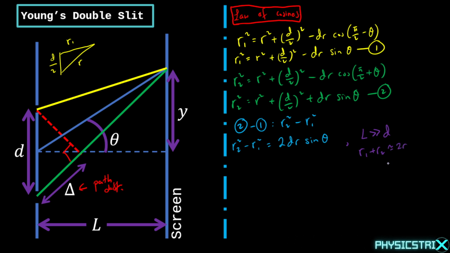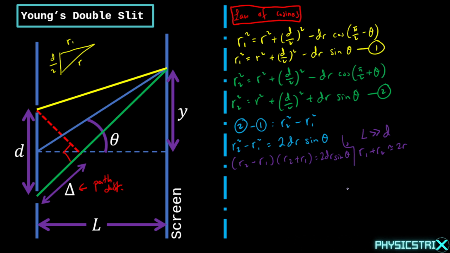So I can always expand R2 squared minus R1 squared to this form: R2 minus R1, multiplied by R2 plus R1, equals 2dR sine theta.